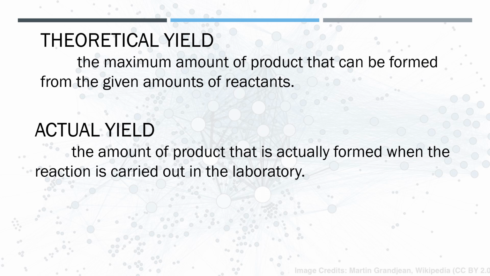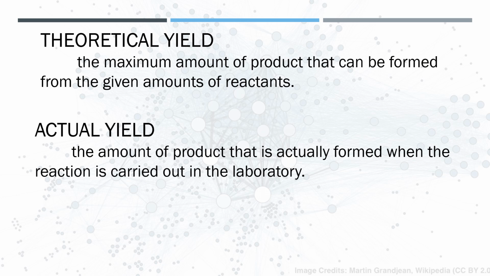To compute the percent yield, it is first necessary to determine how much of the product should be formed based on the stoichiometry. This is called the theoretical yield, or the maximum amount of the product that can be formed from the given amount of the reactants.